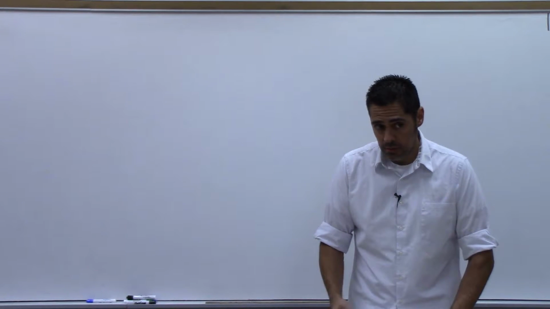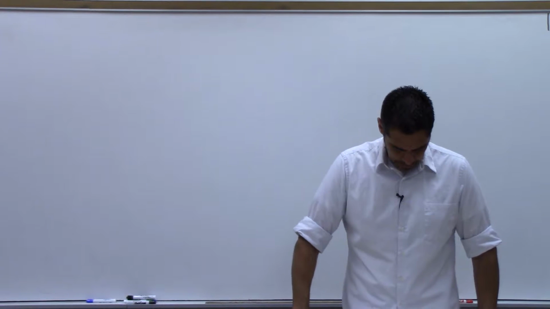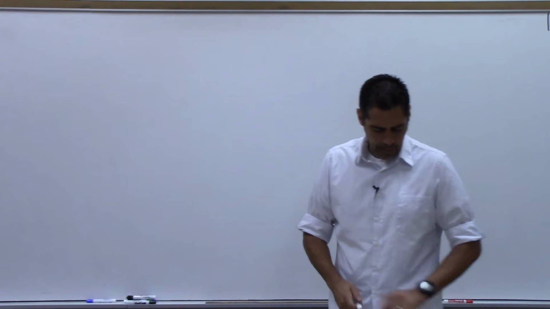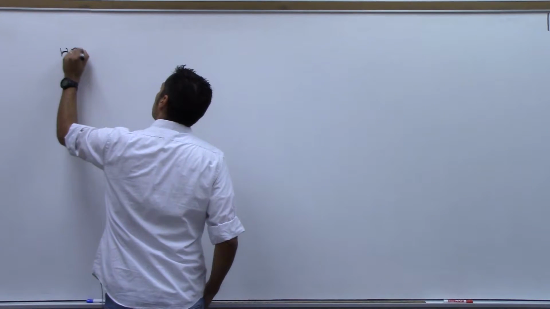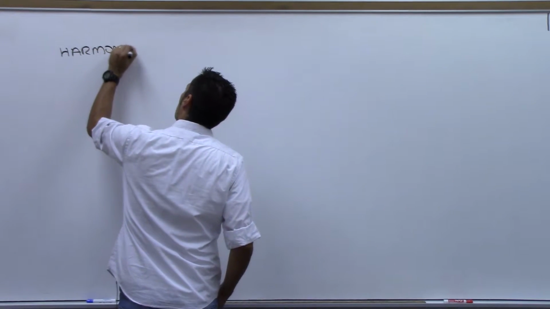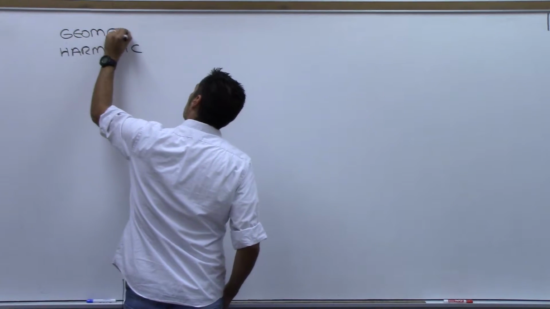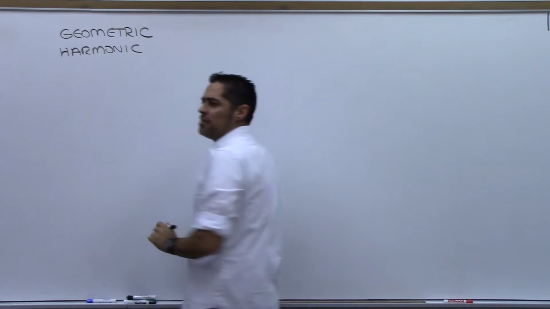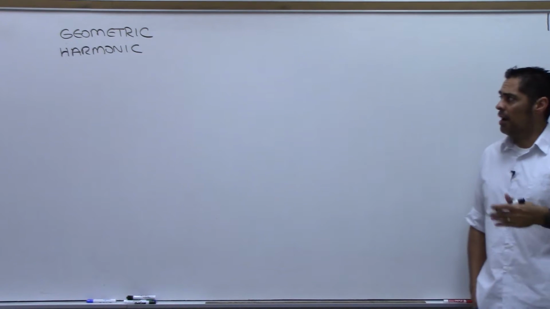What are we about to do? We're still in 8.2. All right. So we talked last time about a harmonic series. We've talked about geometric. Those are the 2 types of series we've talked about. All harmonic series do what?